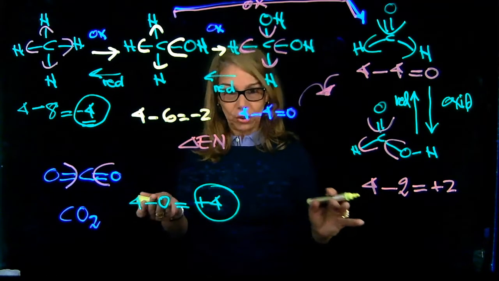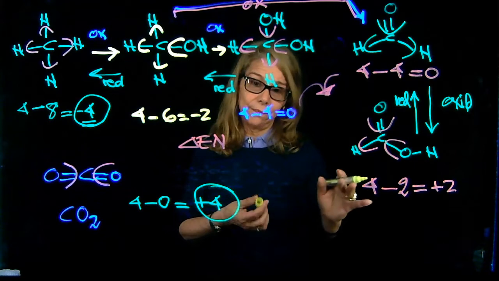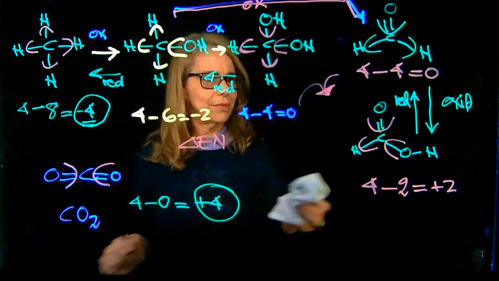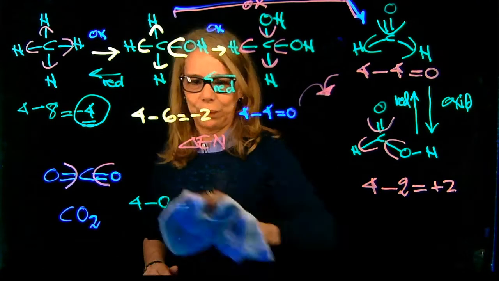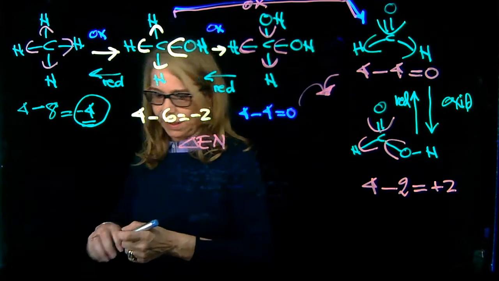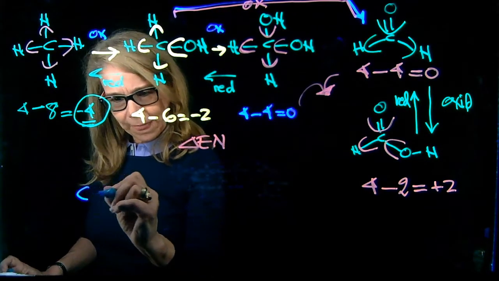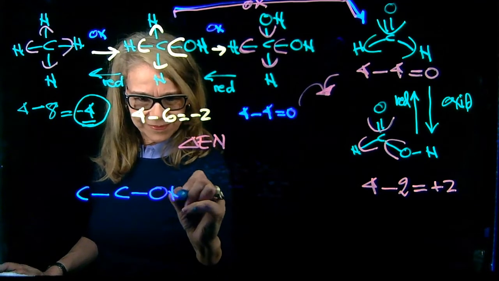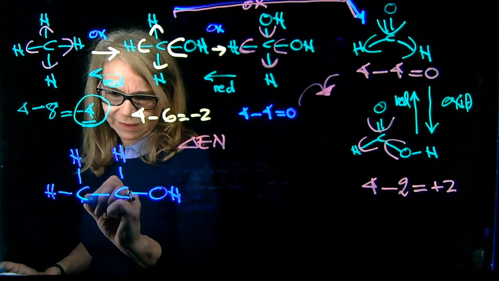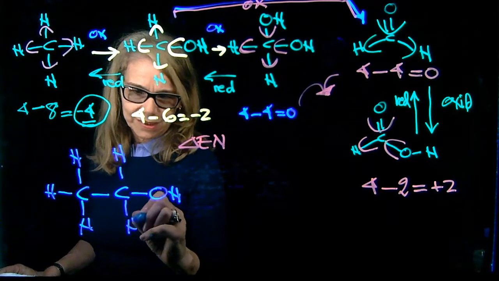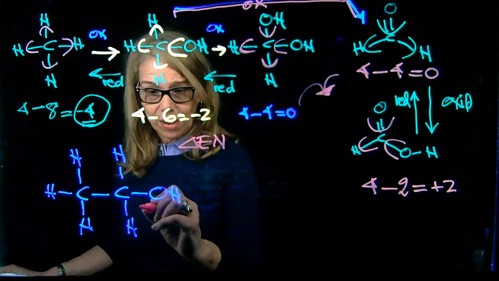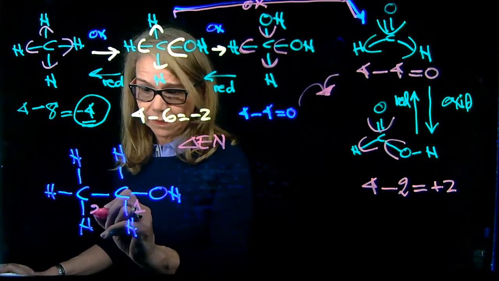We can also have molecules with several carbons having different oxidation states. Let's do one example here. I'm going to erase my carbon dioxide and draw simply ethanol. Ethanol is the only alcohol that is suitable for human consumption. Let's name the carbons: this is carbon 1, this is carbon 2.